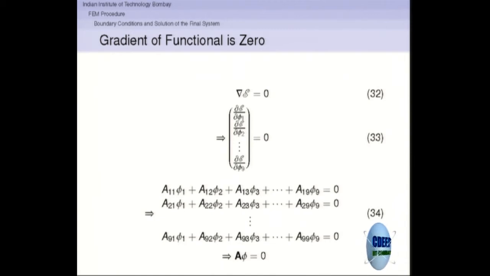You minimize this total energy as a function of each of those 9 variables, that is, the potentials at those 9 global node numbers, and then you will get 9 equations. When you differentiate you will get this. It is not absolutely obvious, but if you go through it you will understand that it will be this way, and then you get A phi equal to 0. But does A phi equal to 0 have a unique solution from a linear algebra perspective? Does Ax equal to 0 have a unique solution in general?